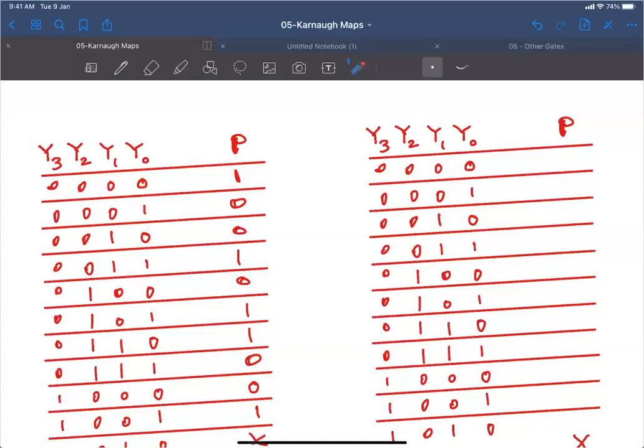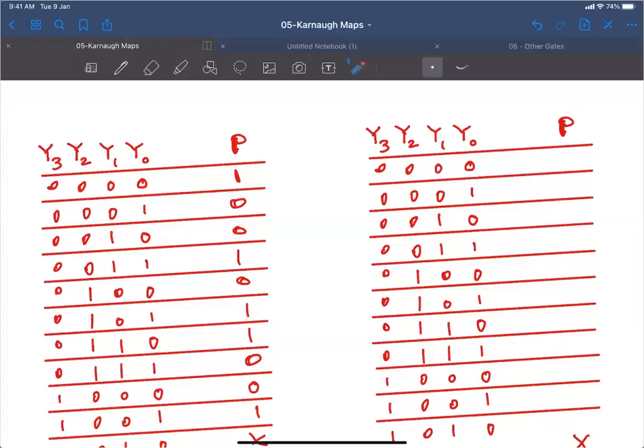If we were generating an even parity, it would be the other way around. So for 0, 0, 1, 0, it's just one 1, and one is an odd number of ones, so I don't need to add another 1 to make it odd. So my parity is 0.